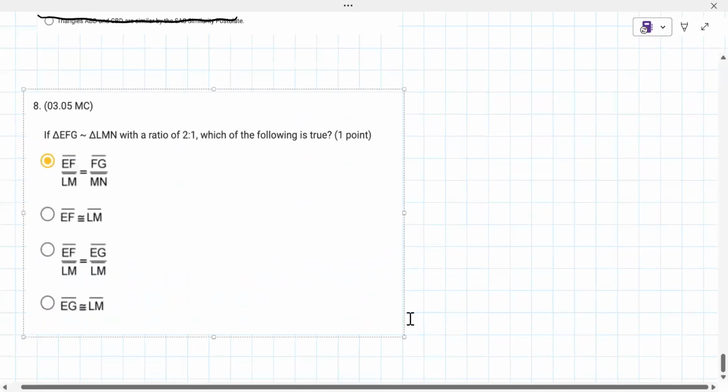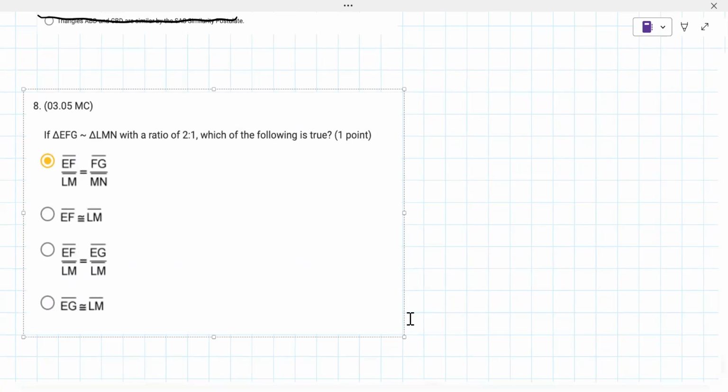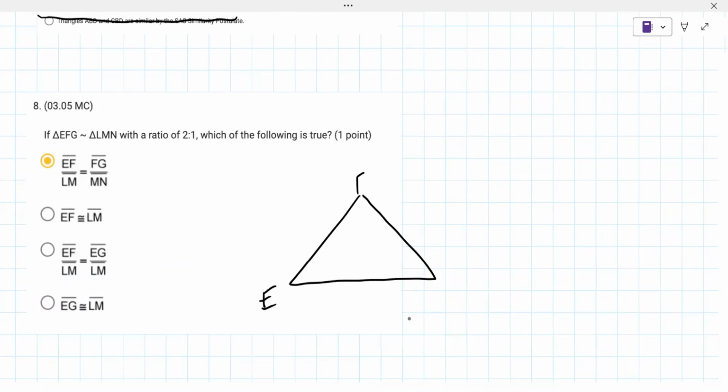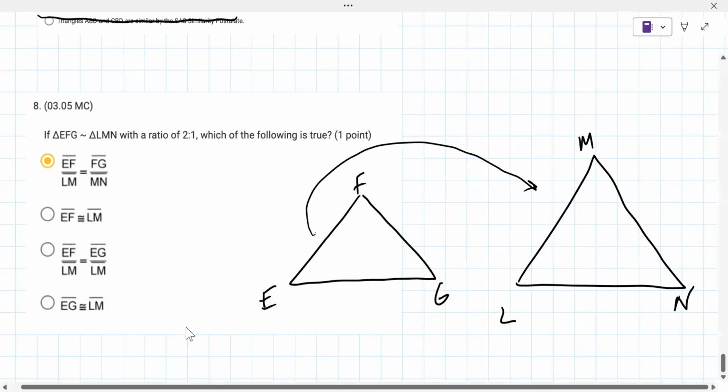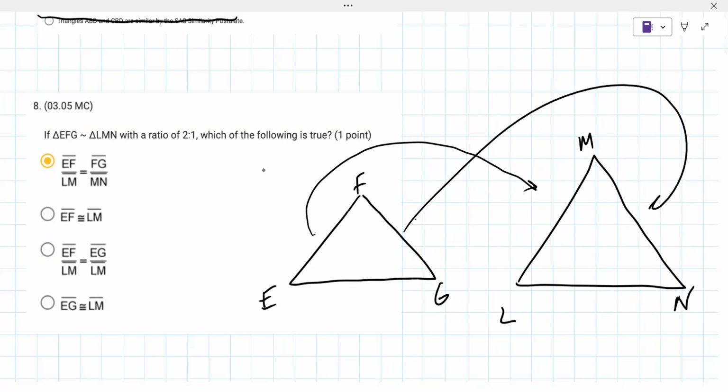Right, triangles EFG and LMN with a ratio of 2 to 1. Which of the following is true? Okay, probably good to draw them. Triangle EFG, triangle LMN, like that. So EF is in ratio to LM, and whatever that ratio is, it has to be the same as FG to MN.